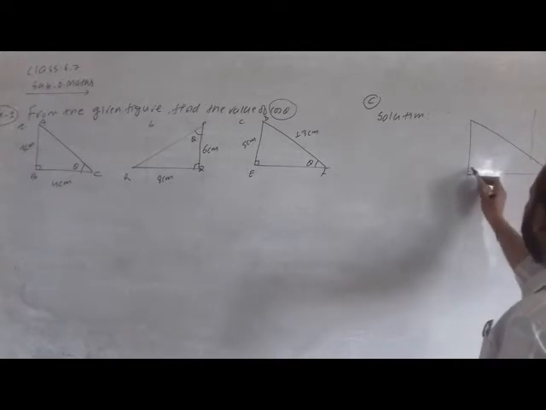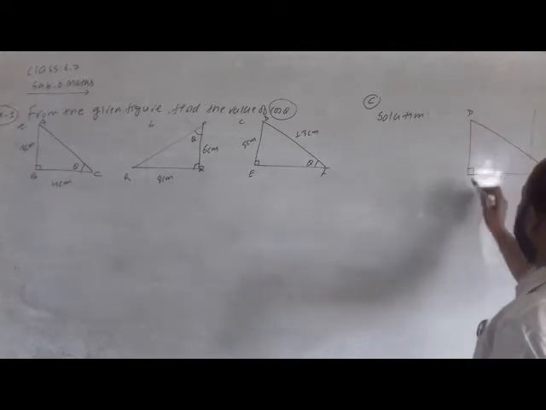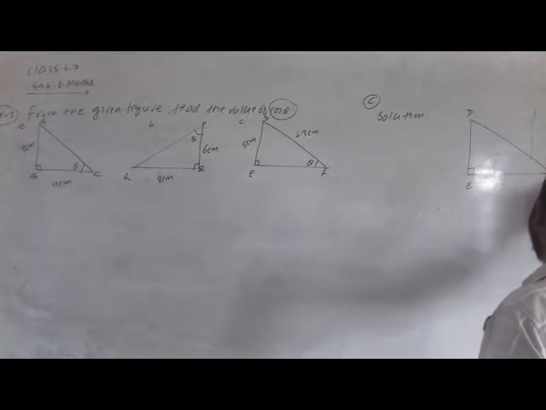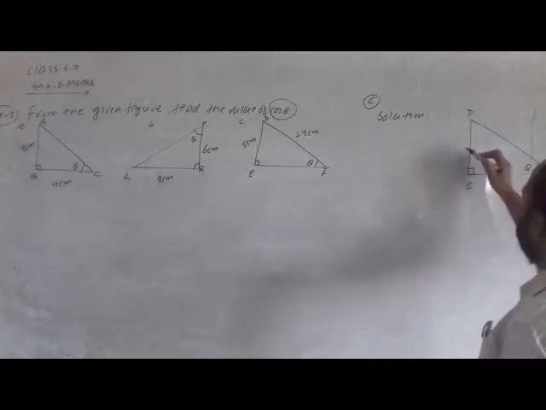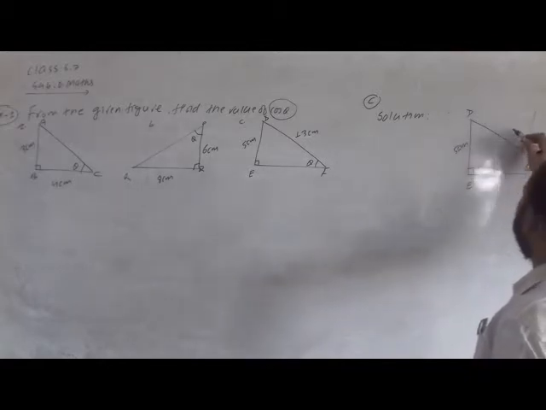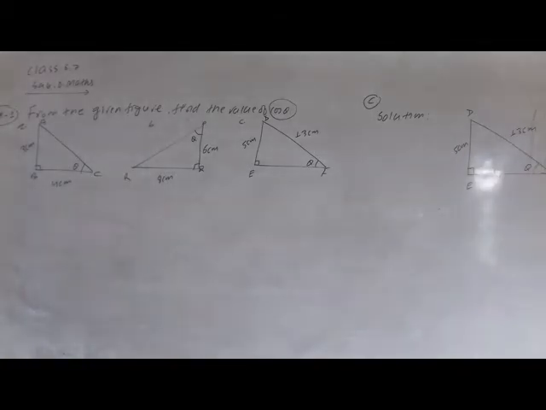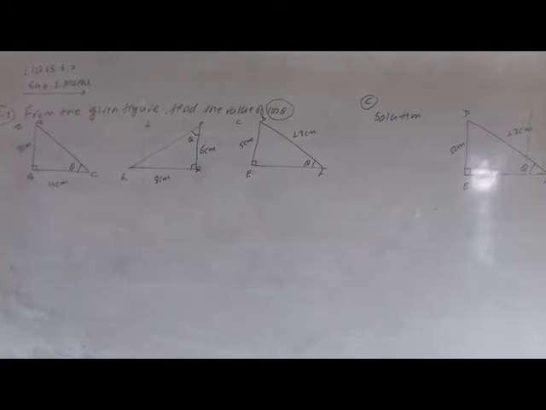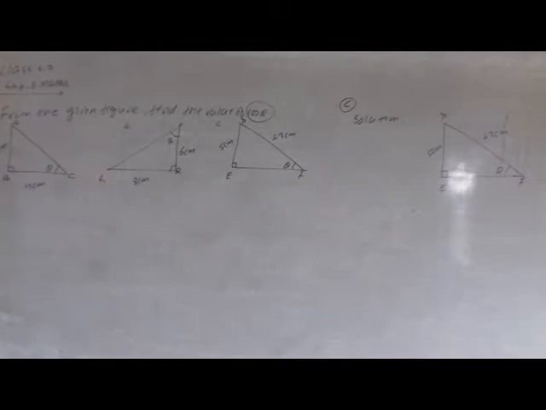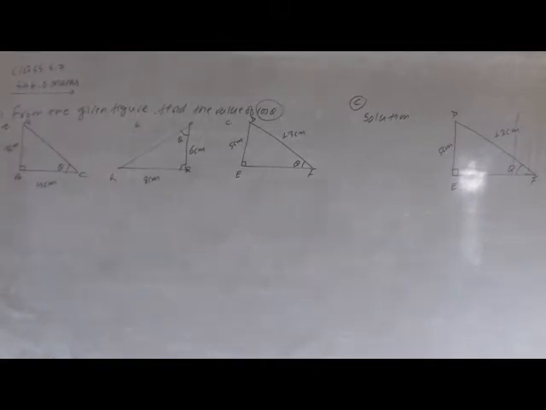Here we have triangle DEF, and this is theta. Here we have 5 cm, and this is 13 cm. Write down. In these types of questions, first you draw the figure, and the question says find the value of cos theta.